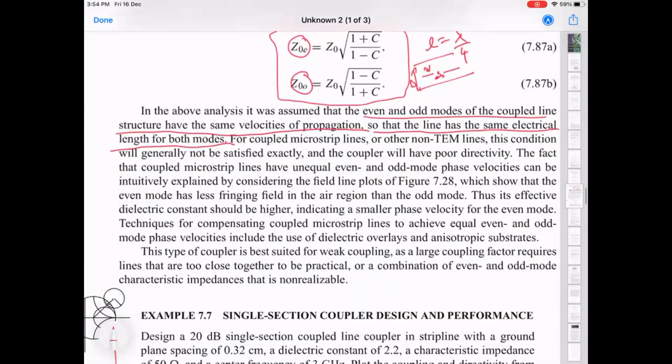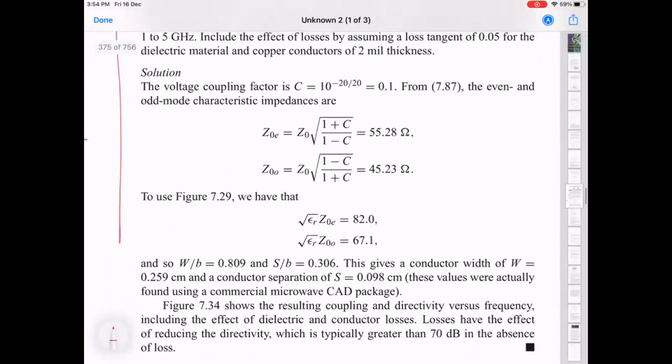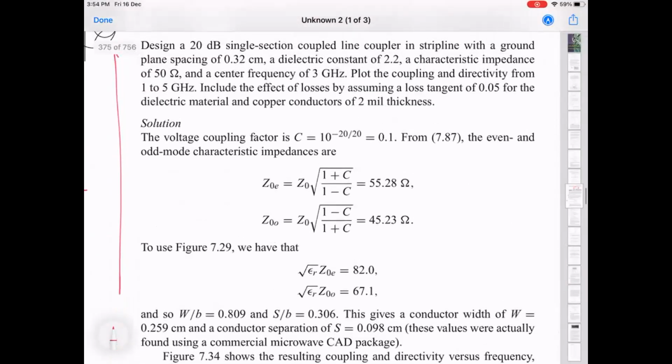So let's take a look at this using the example they have given, but I will move to the Microwave Office. Let me actually write this down here.